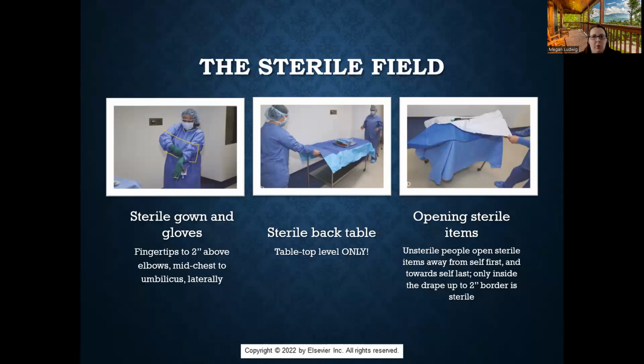So I put these three pictures up here just to demonstrate what some of those sterile fields are. The center of the sterile field, which I didn't put a picture of here, is the surgical patient. Once we get that patient positioned, prepped, and draped, put that sterile drape over top of it, that's the center of our sterile field.